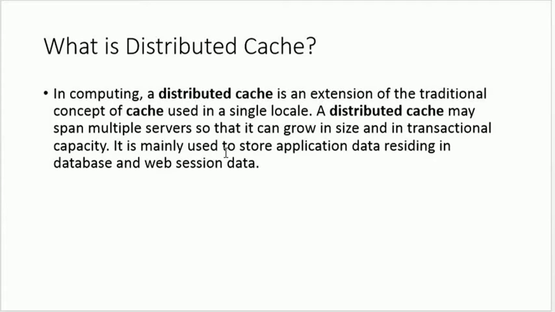Every database operation is a very cost-consuming operation, so it will consume more time for fetching data from the database and giving data to the user. For example, a person requested to fetch 1,000 records from the database.